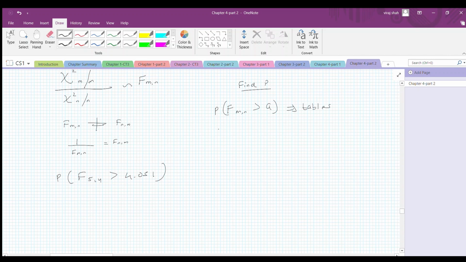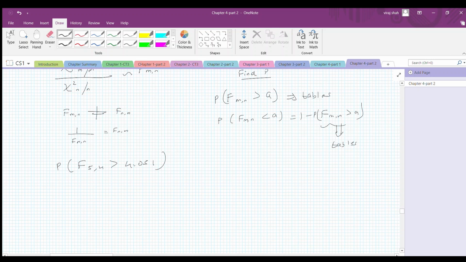Similarly, if I have a question of the probability of F(m, n) less than a, I will just take 1 minus the probability of F(m, n) greater than a, and I can get this from the tables. It is exactly the same as the t distribution. So I have a question of finding F(5, 4) greater than 4.051.